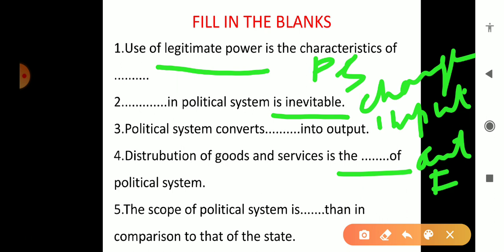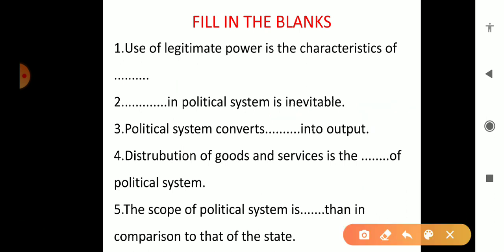Next question is, the scope of political system is dash in comparison to that of state. Now you should keep in mind, is the scope of political system bigger or the scope of state bigger. We have read that the scope of political system is much bigger than the state, as it doesn't deal only with the intra societal environment, but it also deals with the extra societal environment, all kinds of organizations, right?